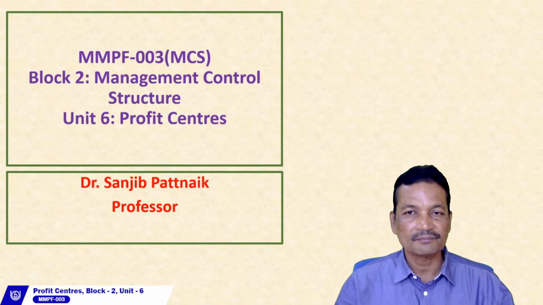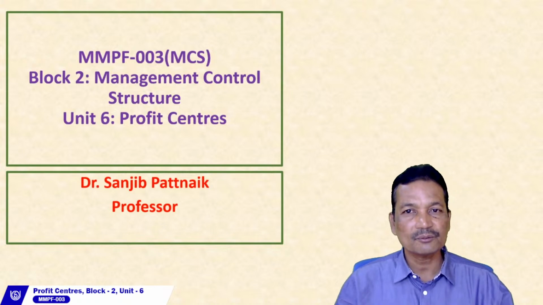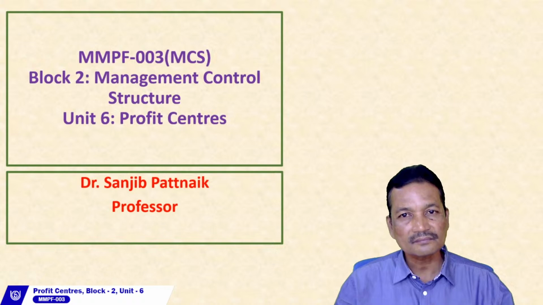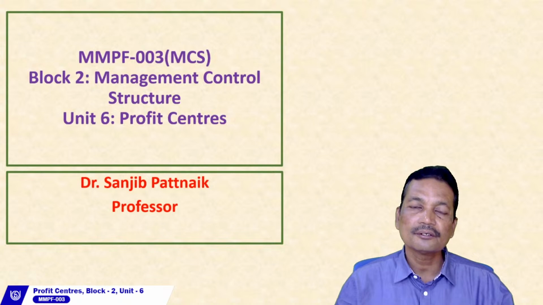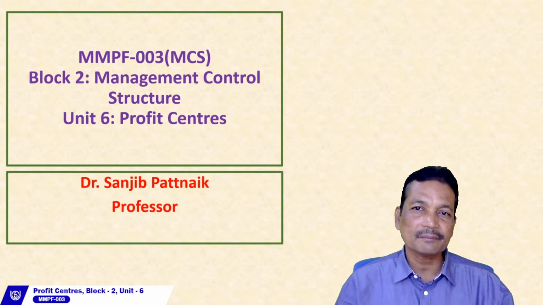It does not look after the sales or the revenue generation function. So here the manager's focus is particularly on how to control the cost, so that the activities of the production which are related to cost can be minimized. So this particular segment we can call the cost center.